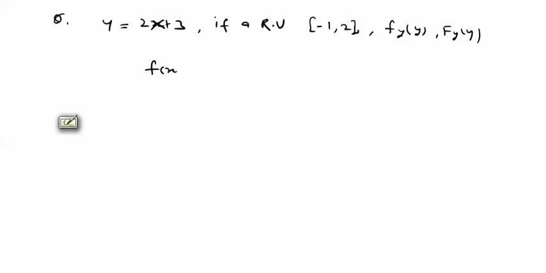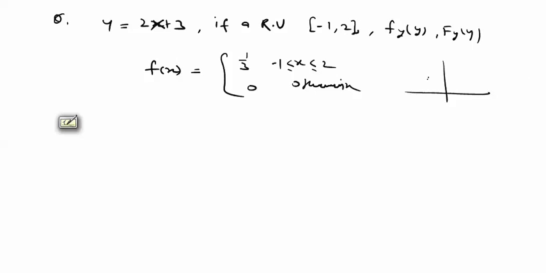F_X is uniformly distributed between -1 and 2. The area covered should be 1, so the height is 1 by 3. F_X is defined in this way.